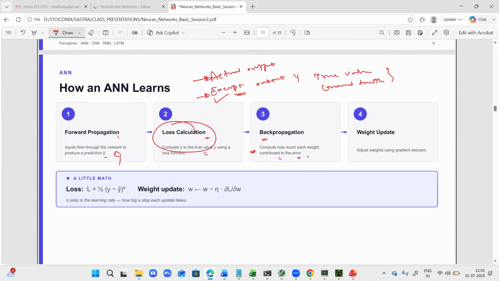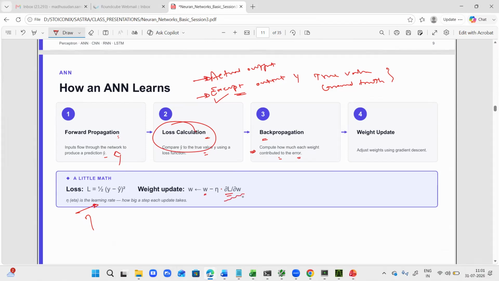back propagation. What you actually do is, you have the weight and you have an eta, which is called the learning rate. Now this eta is multiplied by the partial differentiation, dou L by dou W. You are basically trying to understand how much each weight has contributed to the overall loss. That's what happens here.